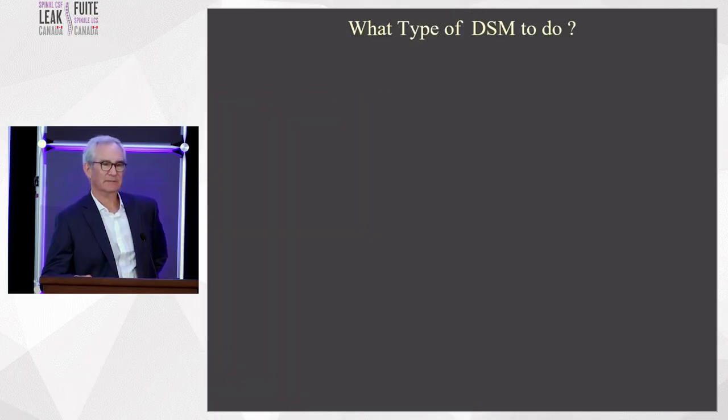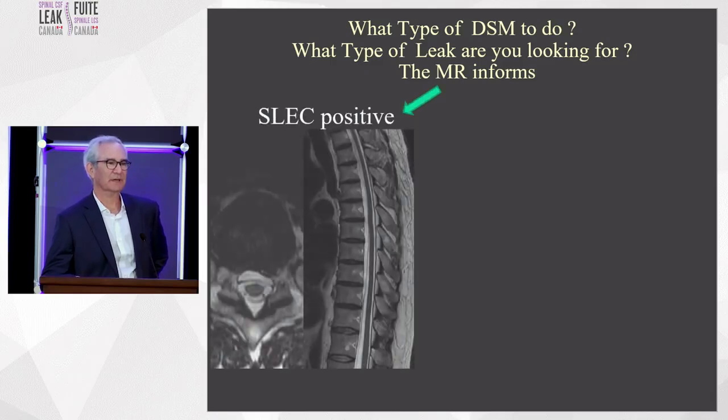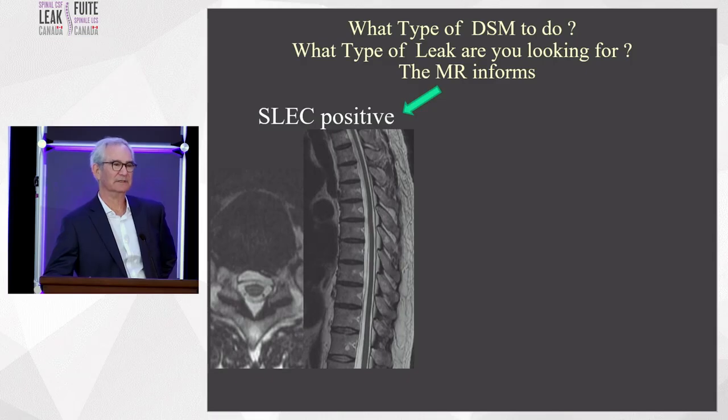What type of DSM do you do? There's really two types of DSMs, one looking for one species of leak and the other looking for the second type. And the MR tells you which ones you're going to try to do. So if we have a patient with an epidural collection or a spinal longitudinal epidural collection, I call a SLEC, they're SLEC positive, that is one type of leak. It is due to a dural tear.